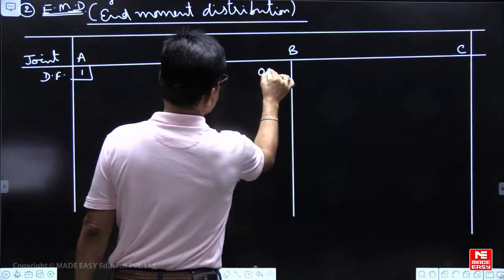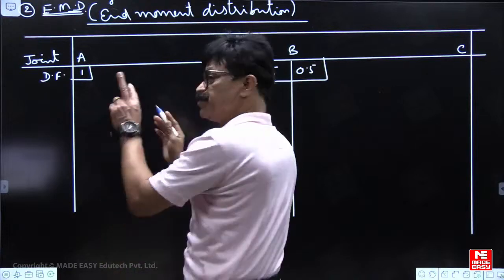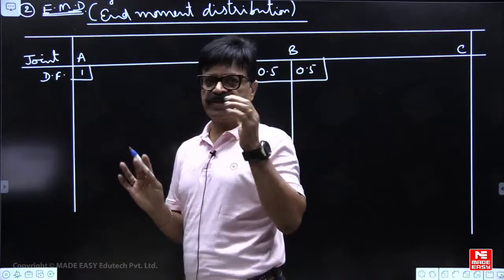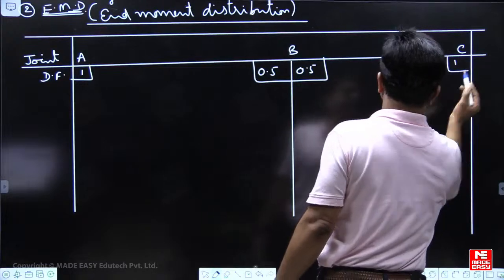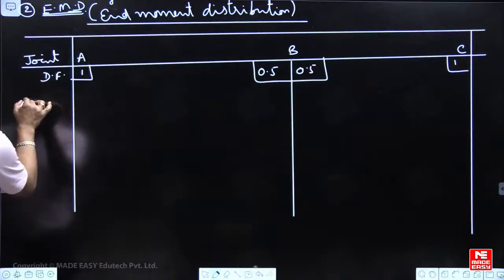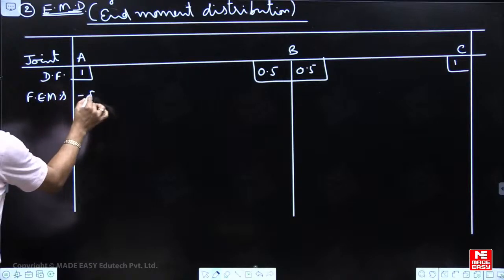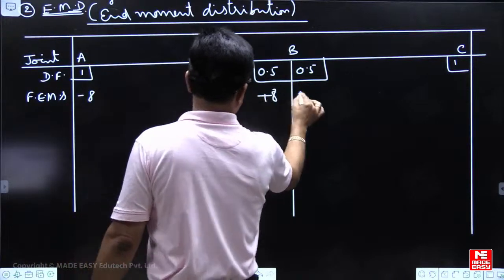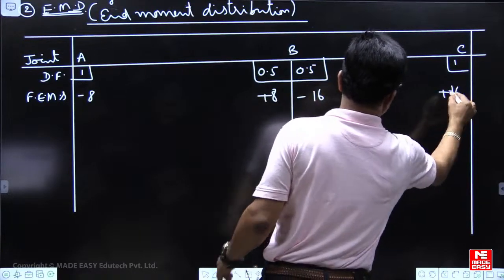BA and BC 0.5, 0.5, because two members are flexurally equally strong, I by 4, I by 4. So this it is 1. Now you take fixed end moments: minus 8, plus 8, minus 16, plus 16.